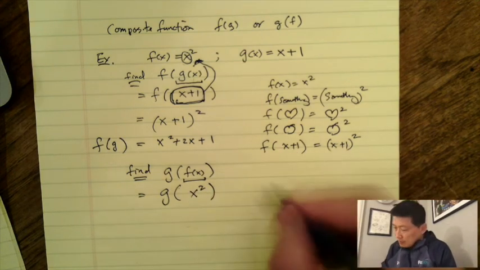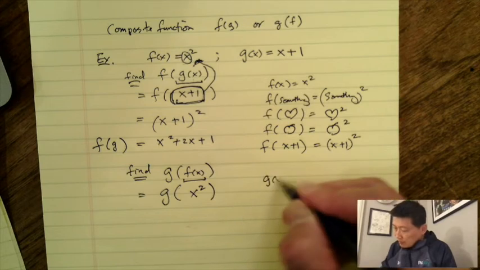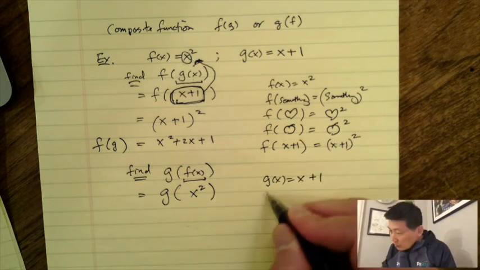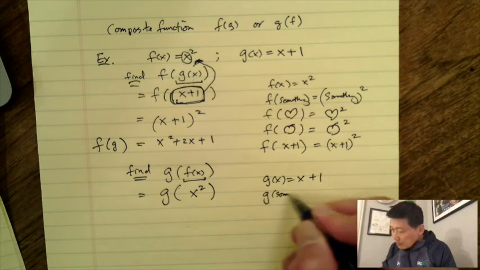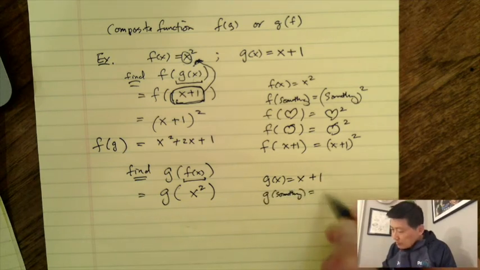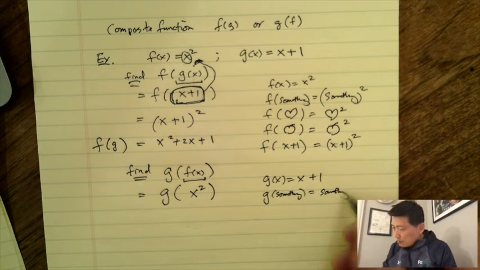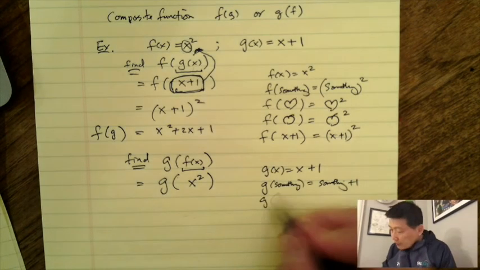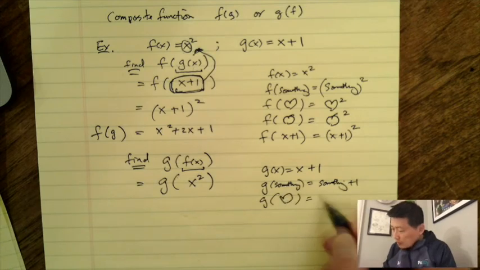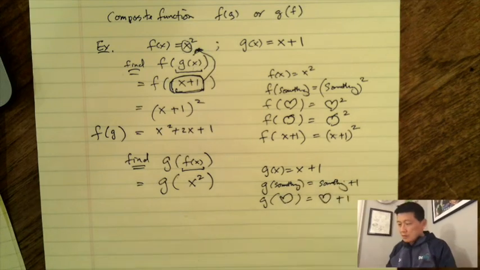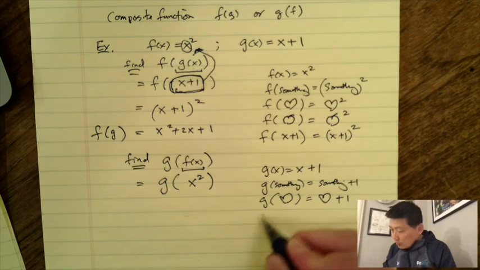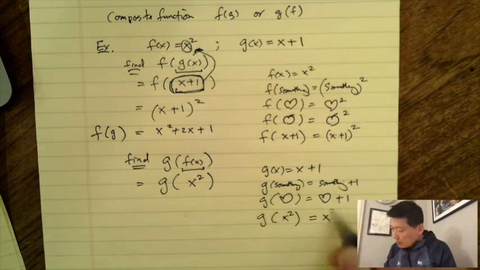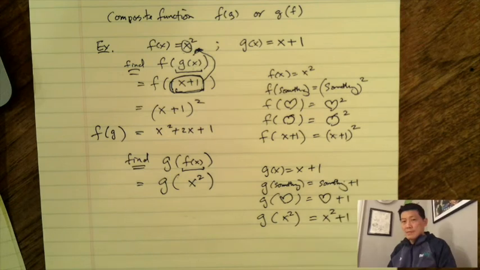But now let's take a look at it. g of x is equal to x plus 1. So what that means is g of something is always something plus 1. What that means is g of a heart is equal to heart plus 1. So if the input is x squared, then it must be x squared plus 1.